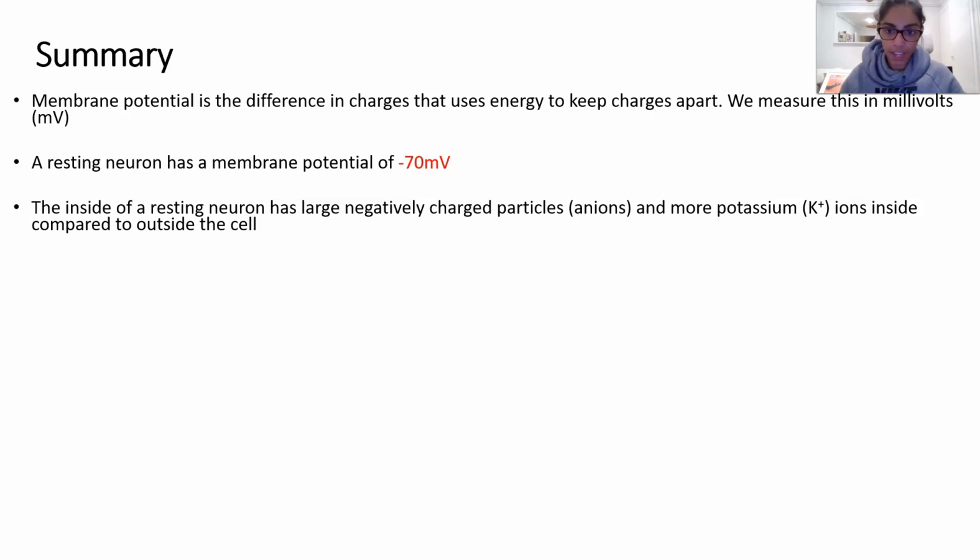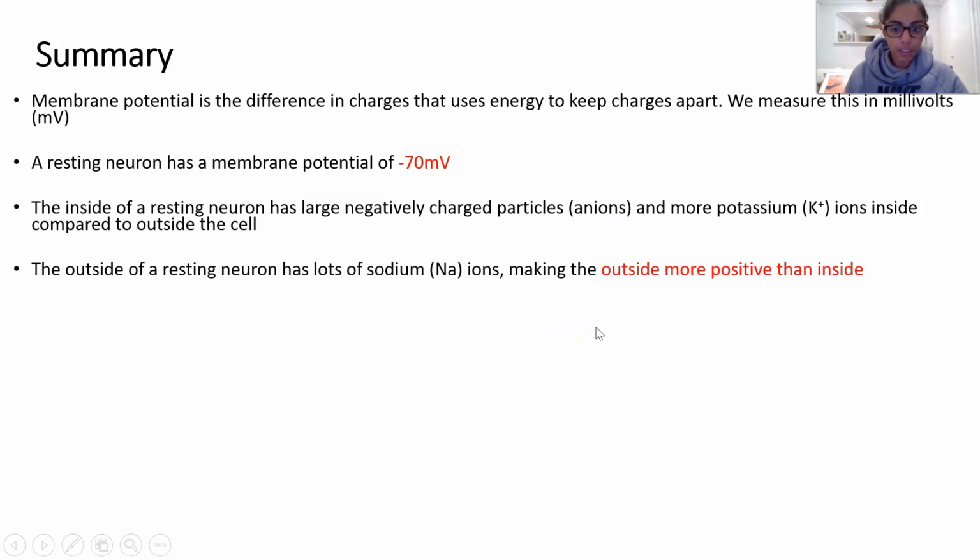Don't worry about the word anions if you're not a chemistry person. You just need to know that they are large negatively charged particles. And there's lots of potassium ions inside the cell compared to outside. Outside of the cell, however, we have lots of sodium ions, thus making the outside or the extracellular environment more positive than the intracellular.